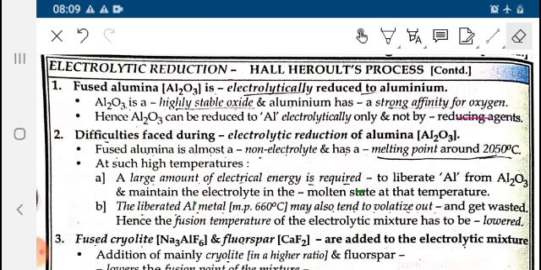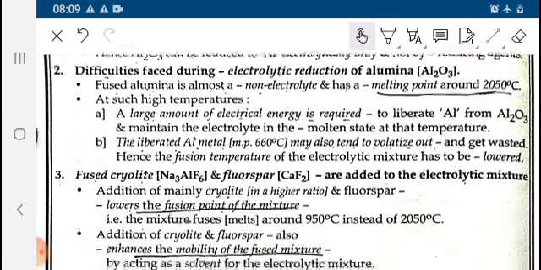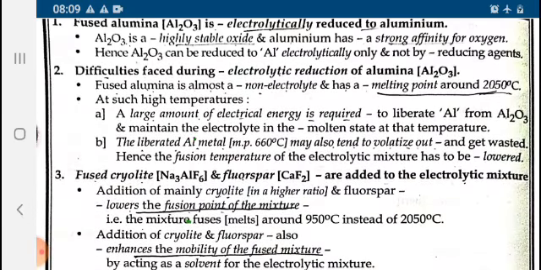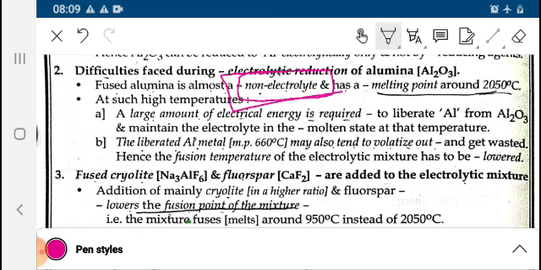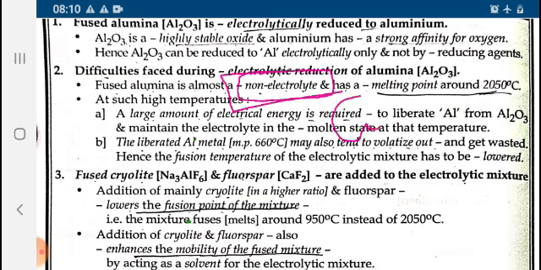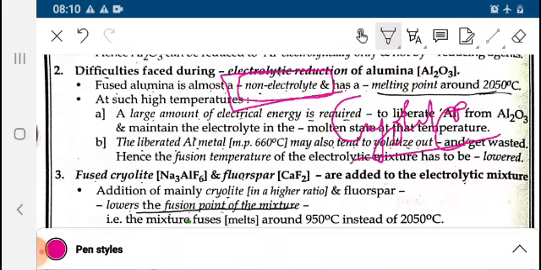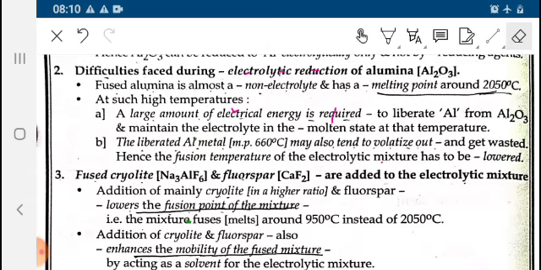When we are doing the electrolytic process, we face problems because our fused alumina is a non-electrolyte. To make it a better electrolyte, we add a large amount of cryolite to this. So we add cryolite so that it becomes conducting in nature.